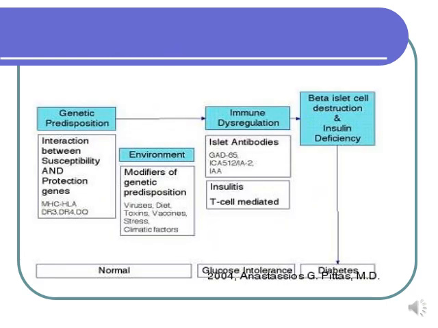So just to reiterate a few points in case of type 1 diabetes, where there is a genetic predisposition, environment, along with immune dysregulation, like islet antibodies and insulitis, T cell mediated, all can lead to beta cell destruction and insulin deficiency, where the course could be from normal to glucose intolerance to frank diabetes.